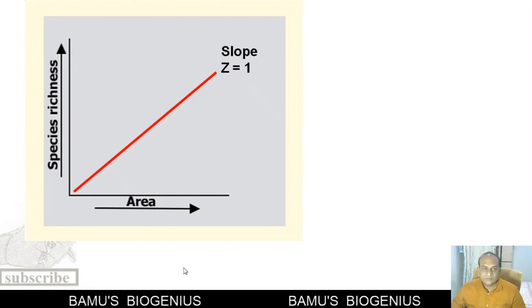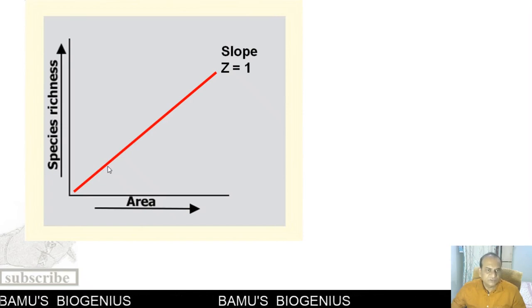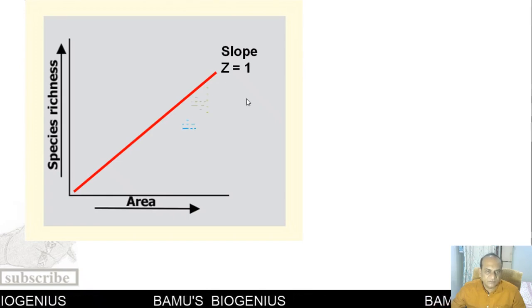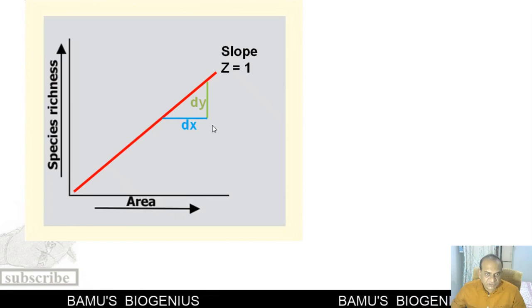Now for a particular ecosystem, if the slope of the line is z equal to 1, that means dy upon dx is 1, or for a particular change in the area, the same change in the species richness is observed.